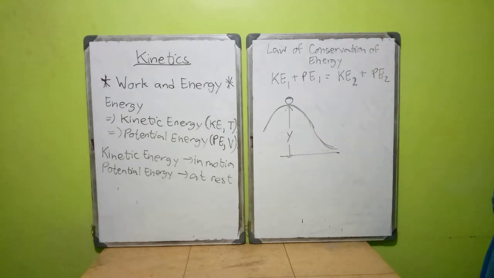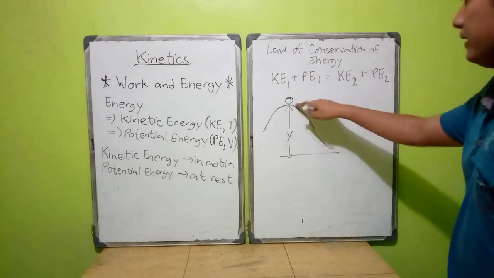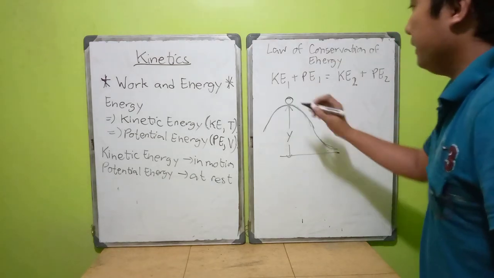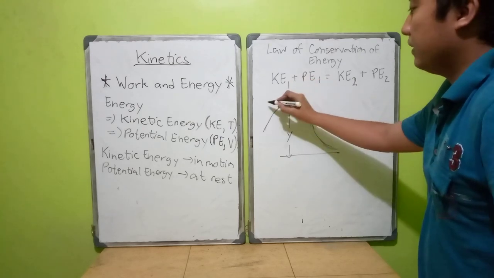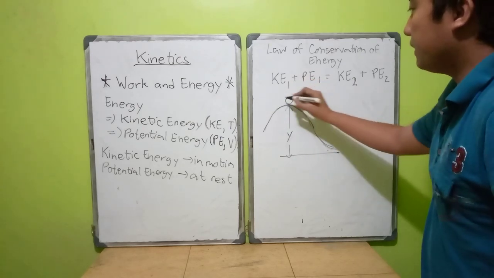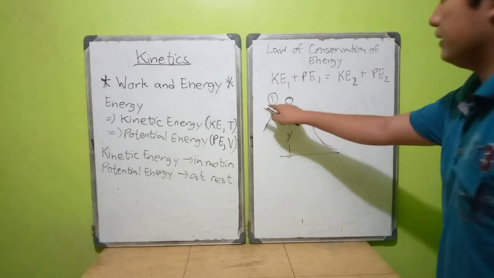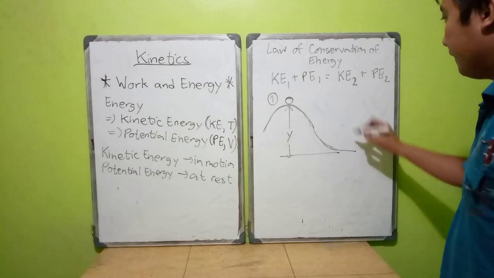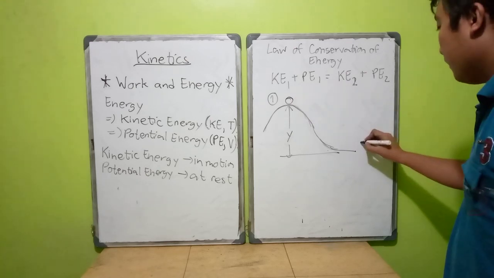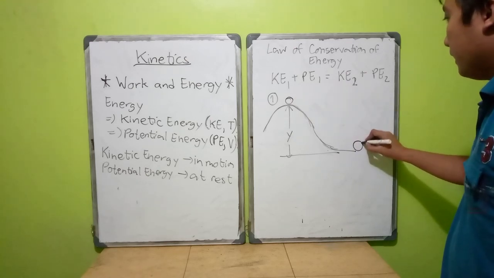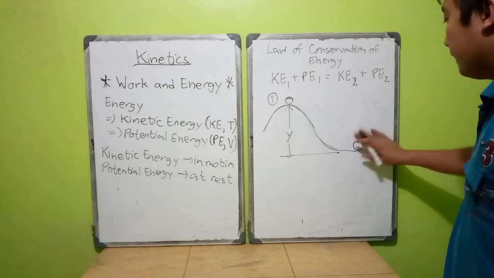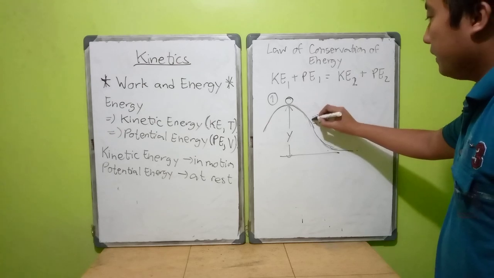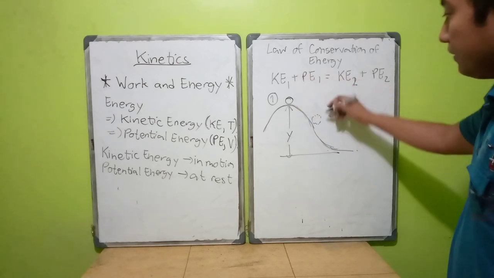This is the initial position, position 1. Then let us say this particle rolls downhill.